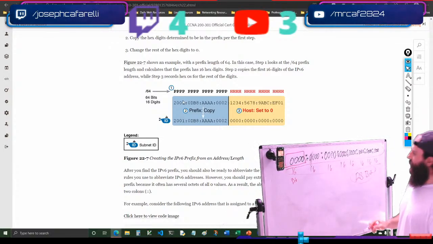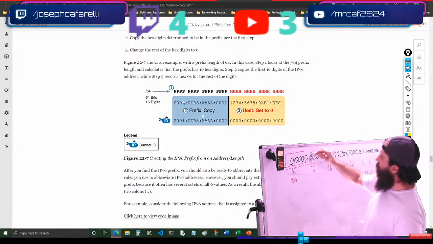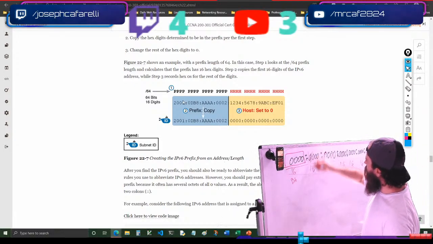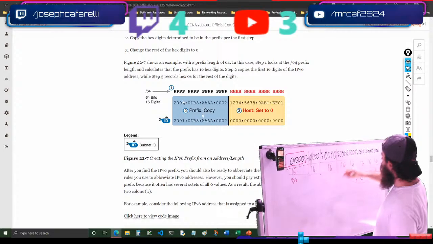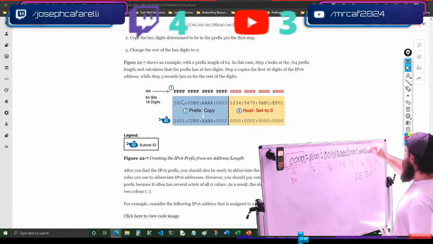So when we're dealing with prefix masks in IPv version 6 address ranges, each quartet is represented with 16 bits.